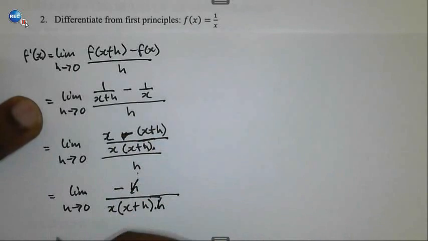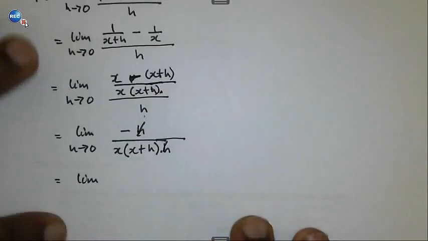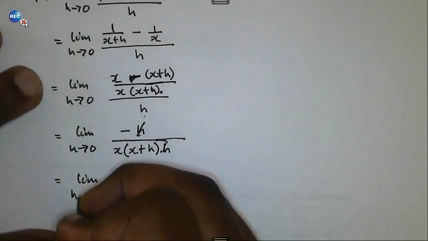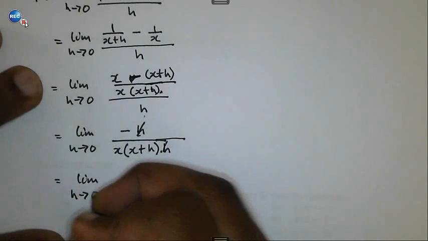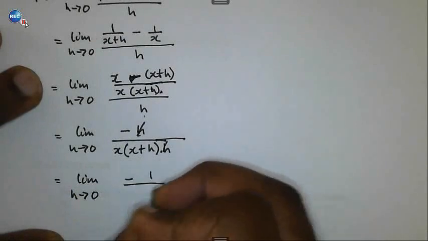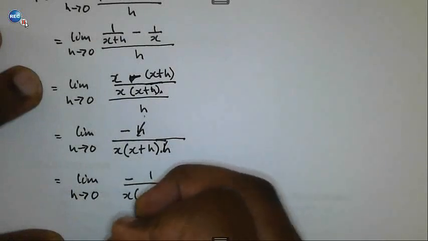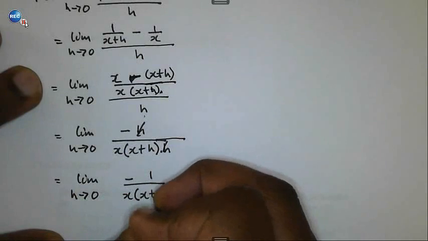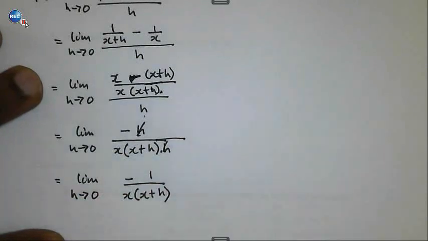Okay. And now you have the limit as h approaches naught of negative 1 over x by x plus h. Now we should find it, isn't it? Well, if h approaches 0, what's going to happen?